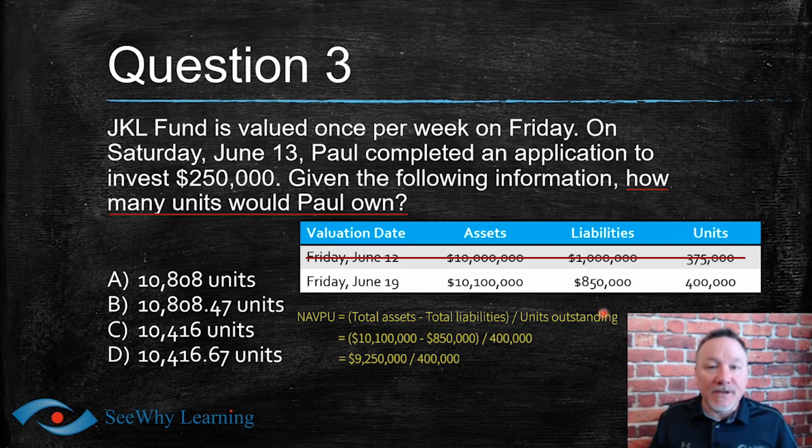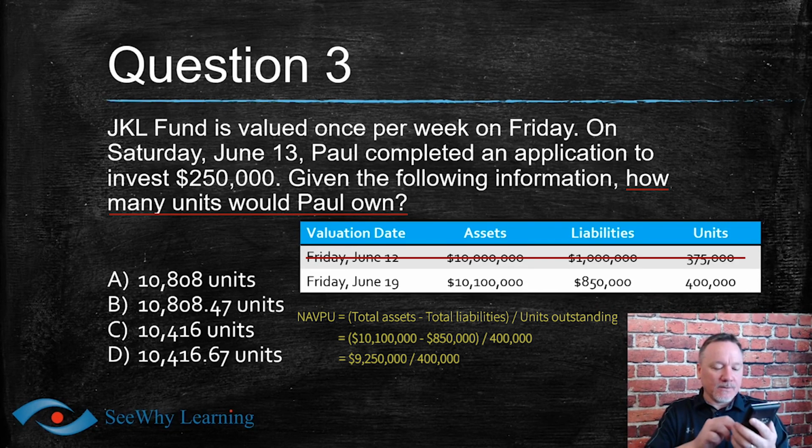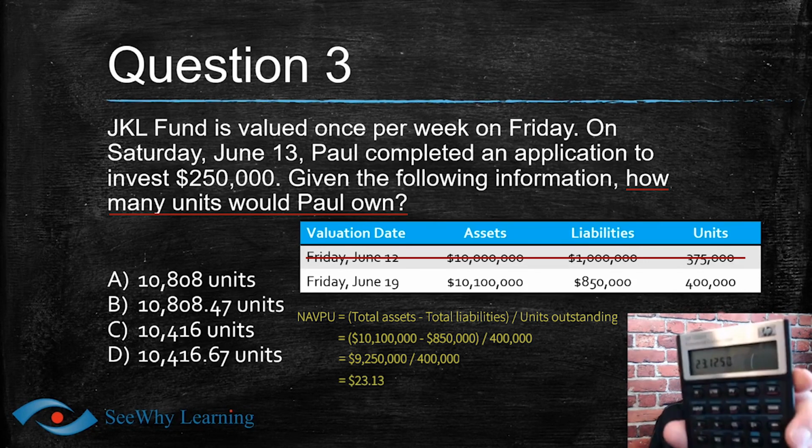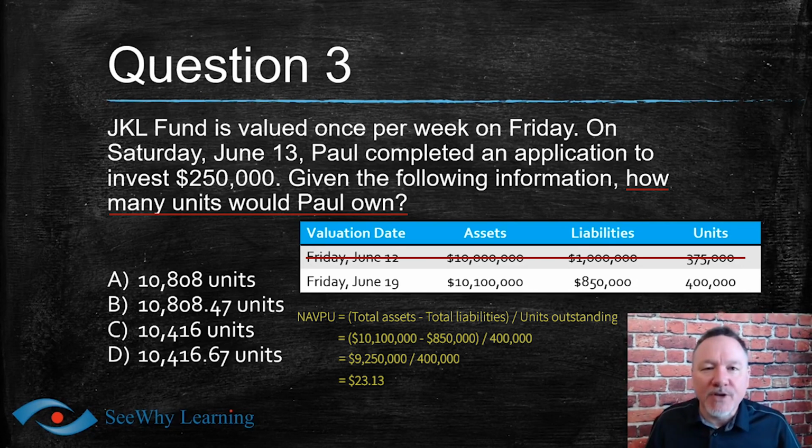That's the NAV. I divide that by the number of units, which is 400,000. And so my NAVPU works out to be $23.13 rounded. It's actually 23.1250, but I'm simply rounding it to 2 decimal places.